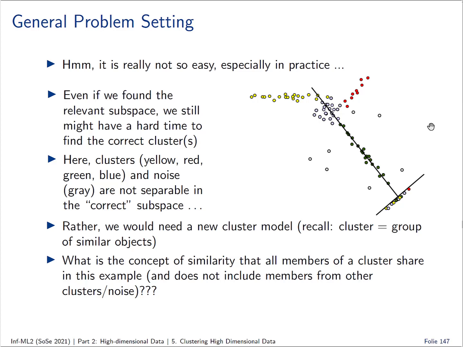And recall my comment on unsupervised methods, on clustering methods, that all those clustering methods are somehow search methods. We define what kind of patterns we want to look for, and then we search for that. And that's the same here. If we know that our patterns look like linear correlations among subsets of features, we could try to look for that kind of pattern.